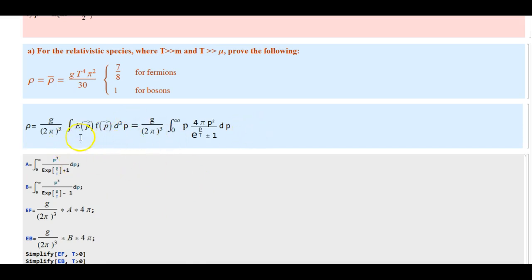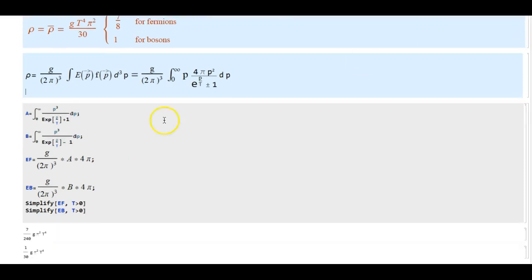Yeah, so this is an expression for energy density, and it's pretty straightforward.